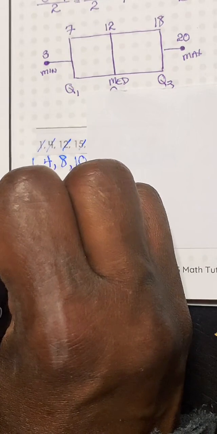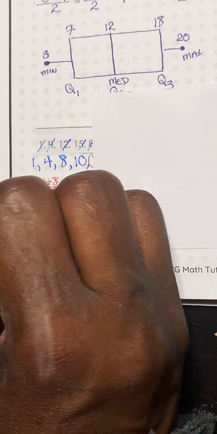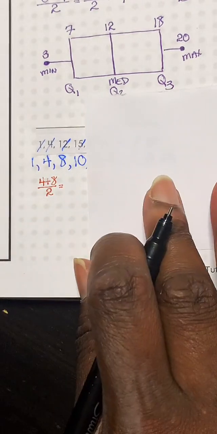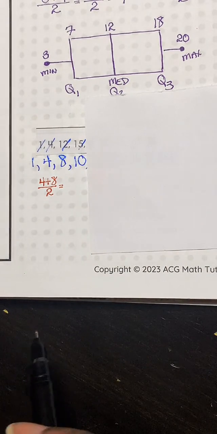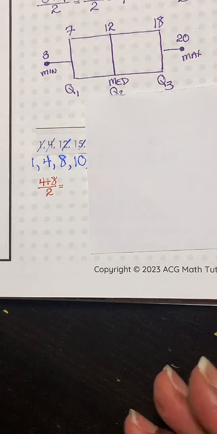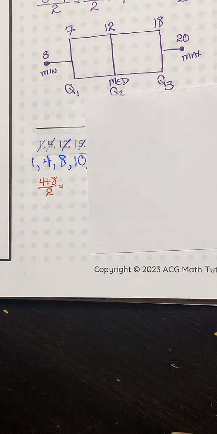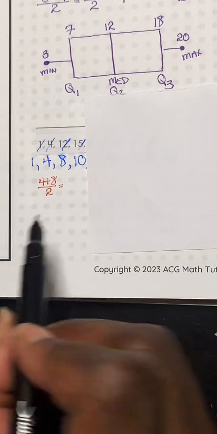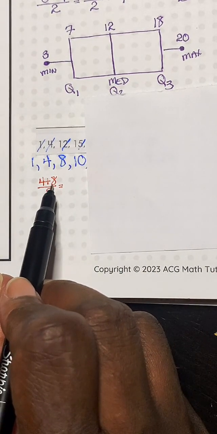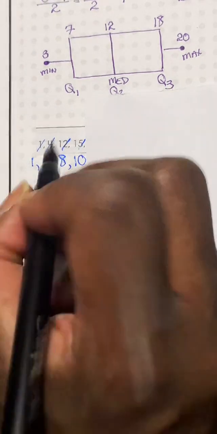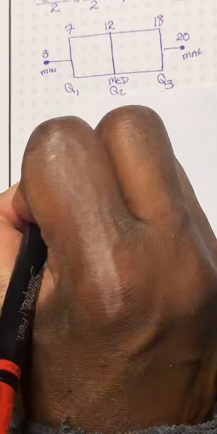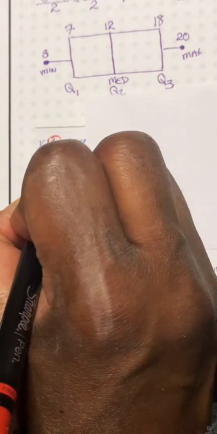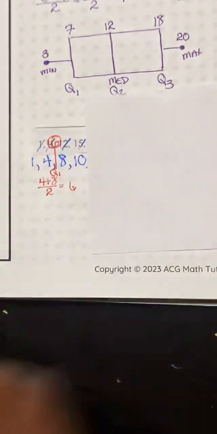So 4 plus 8 gives me 12. 12 divided by 2 will give me 6. So I'm going to write the 6 and put a circle around it. That's going to be my first quartile.